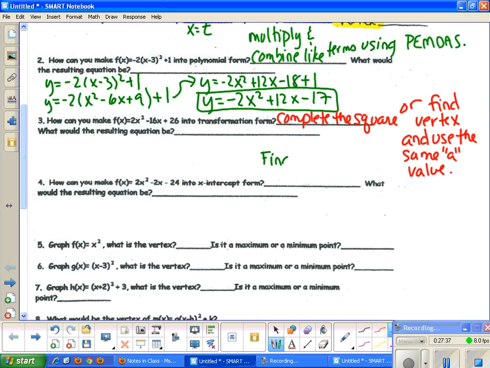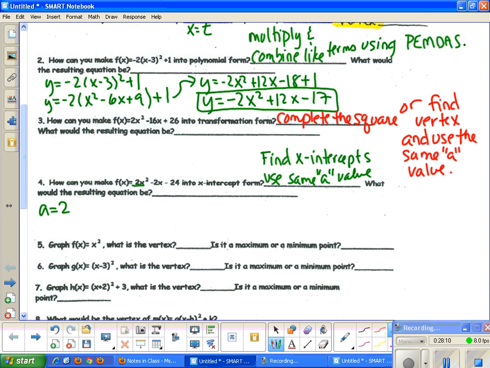So I would find the x-intercepts and then use the same a value in your original equation. So for this one, notice your a value right here is 2, so I know that's going to be the same. And if it's in polynomial form, how do you find the x-intercepts? You can do a couple of different things. You can either factor your equation, or if you don't remember how to factor, you could use the quadratic formula.